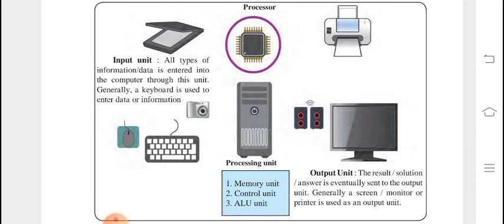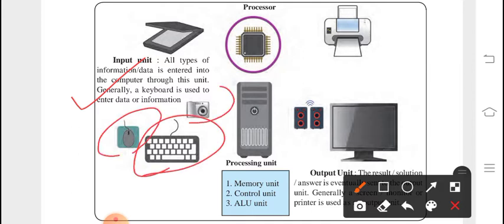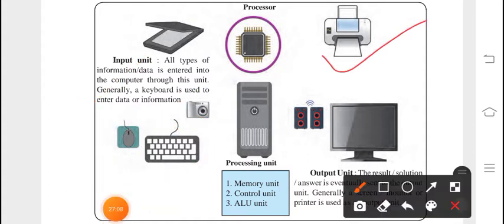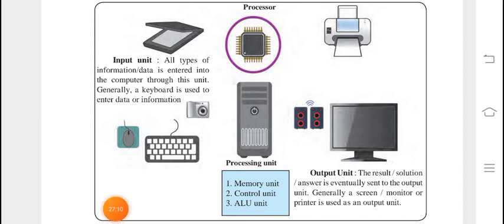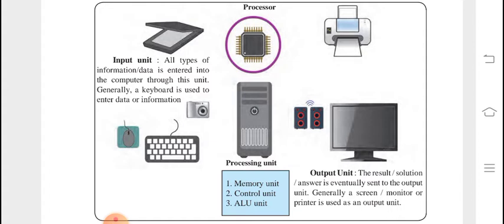Now next is the input unit. All types of information and data are entered into the computer through this unit. Generally, a keyboard is used to enter data or information. This is a mouse, this is a camera, here is a printer. This is the processing unit, which we call the CPU, central processing unit, with the memory unit, control unit, and ALU. Then the output unit.